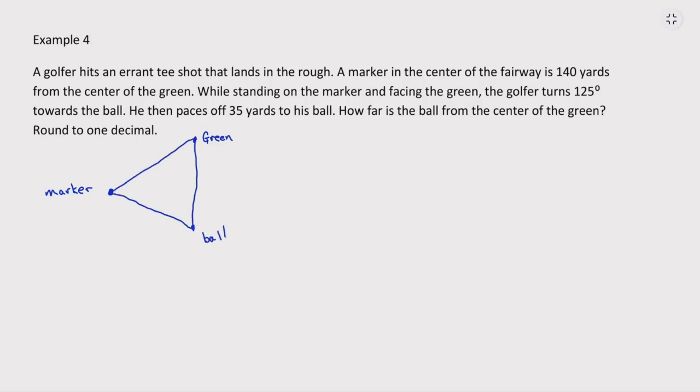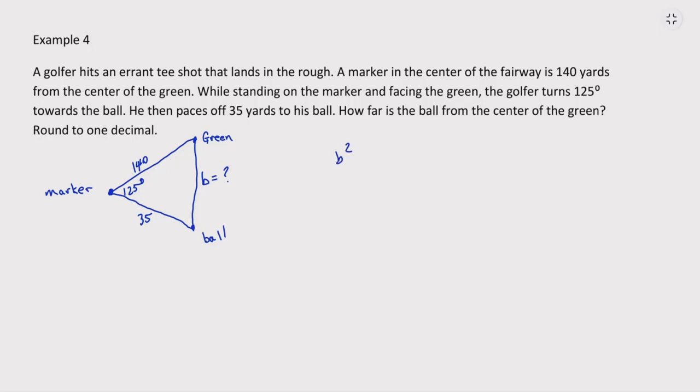And this is going to form a triangle, and we know that this angle is 125 degrees, and he took 35 yards to get to his ball, and it gives us that the marker to the green is 140 yards, and they want us to find this side. Okay, so we'll use the law of cosines.